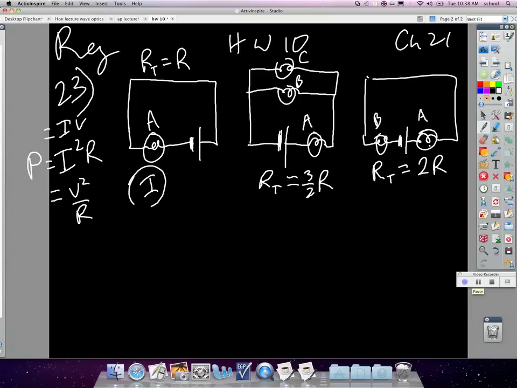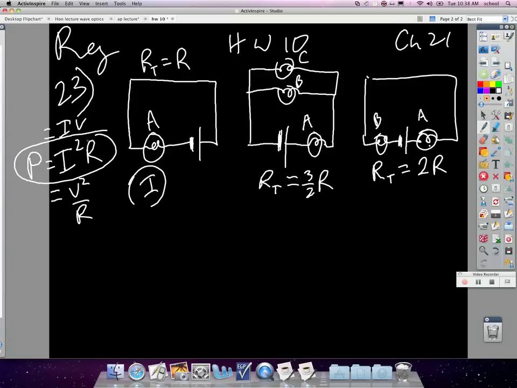Does that make sense? Your statement was, if R is the smallest, that means it's the brightest. That's not something you want to remember, because in this case, it just so happens that because A was by itself, the overall R was the smallest, which gave us the biggest current.